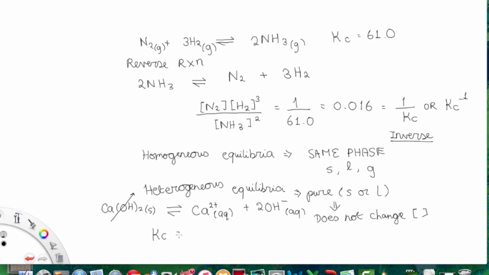So Kc is merely going to be calcium 2+ times OH- squared, because of this coefficient right here. Calcium hydroxide goes to calcium and hydroxide, but it is not involved in the actual equilibrium expression.